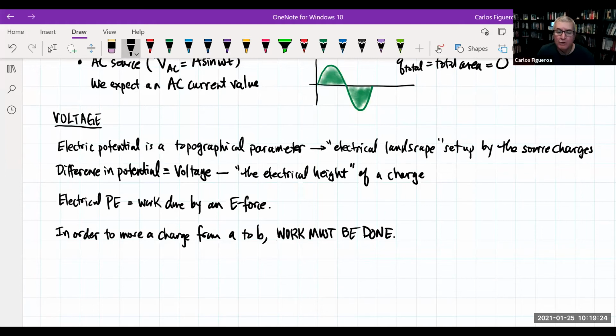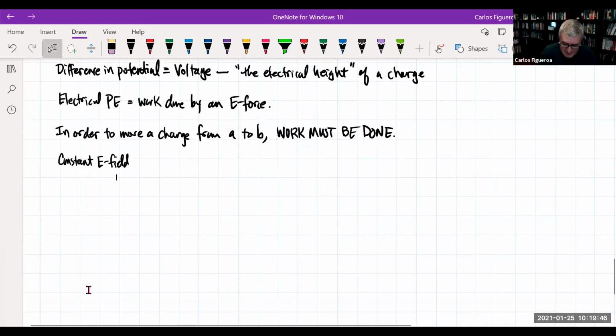So the most common picture that people paint about voltage here is that we look at a constant E field. And the only way you can get a constant E field is if you have parallel plates.